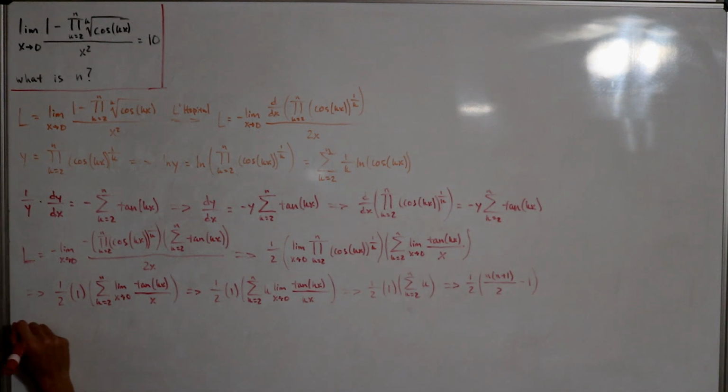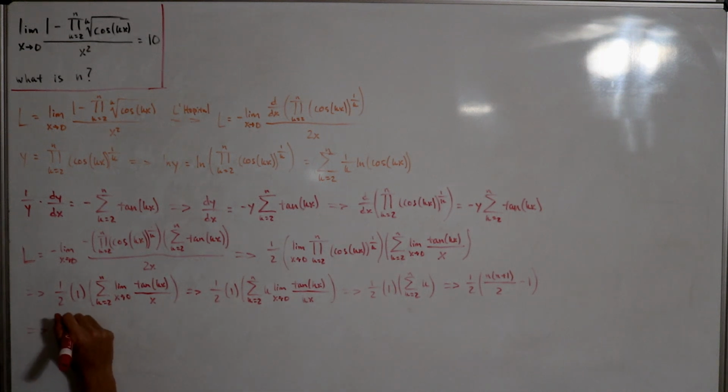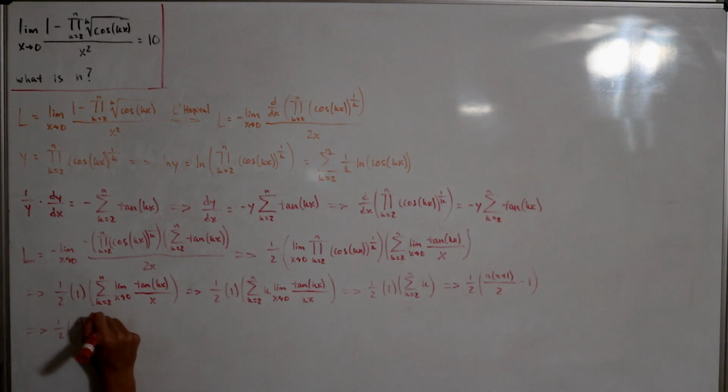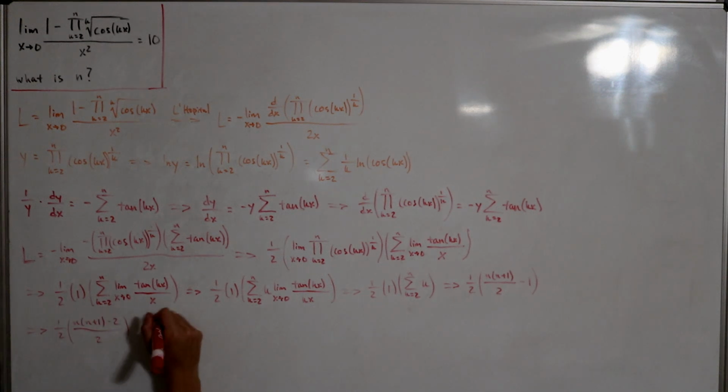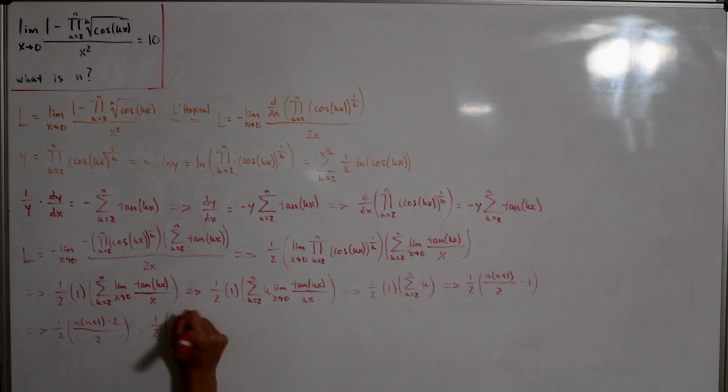So now the last step, I can rewrite it to get a common denominator. This is the same thing as n times n plus 1, subtract 2, and then divide by 2. Then we have 1 over 2 times n squared plus n minus 2, divided by 2.